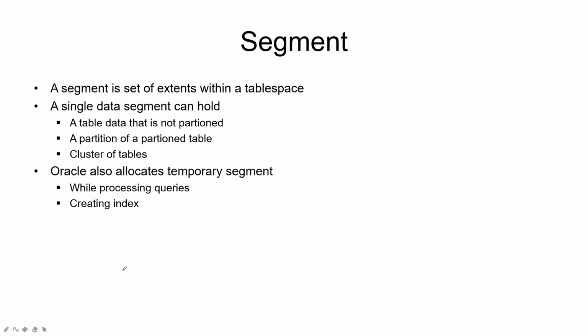So a single data segment in an Oracle database holds all of the data for any of the following that I mentioned below: a table that is not partitioned, a partition of a partitioned table, or a cluster of tables. So this is how a single data segment can hold information.